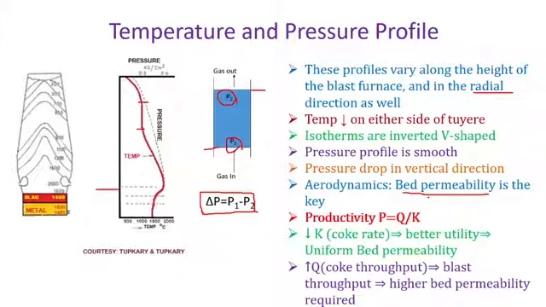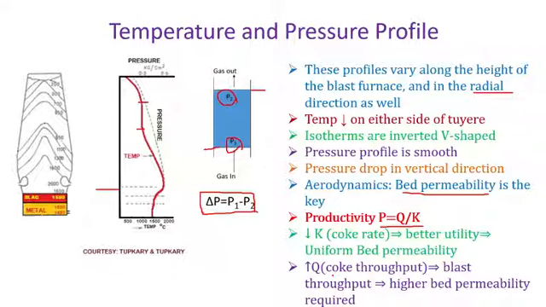Productivity. What is productivity? Productivity can be defined in terms of coke consumption, like P is equal to Q by K, where Q is the coke throughput. Coke throughput means the amount of coke burnt per unit time. It is generally expressed in kg per hour.